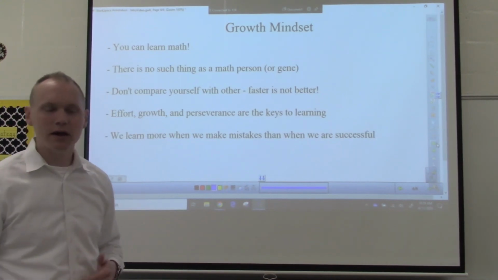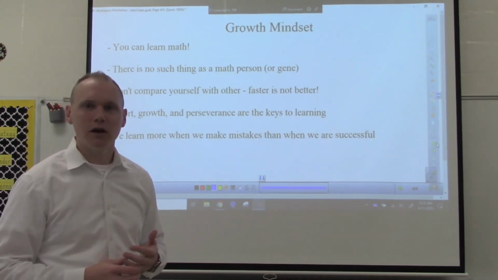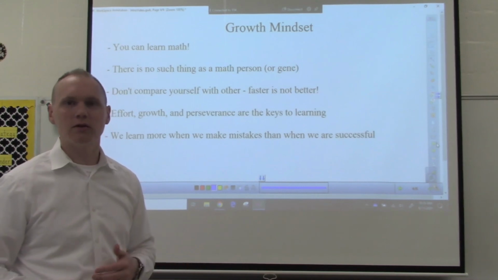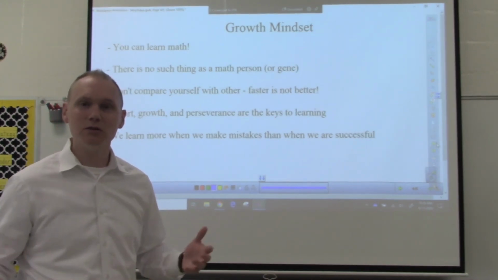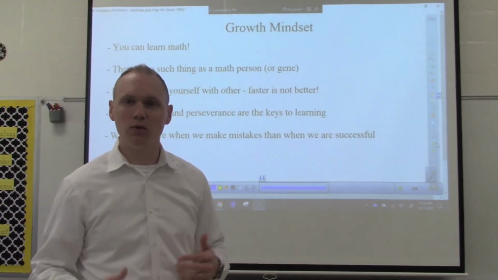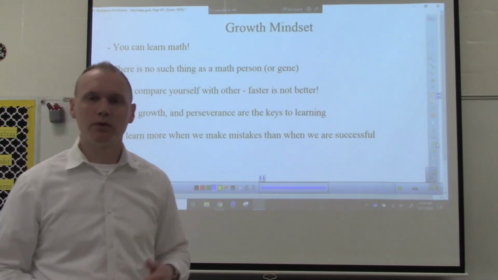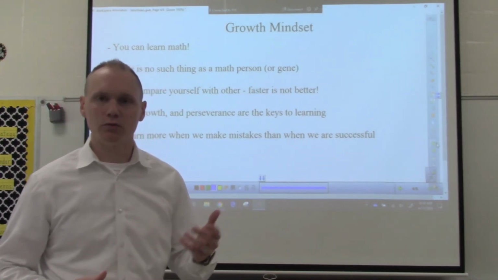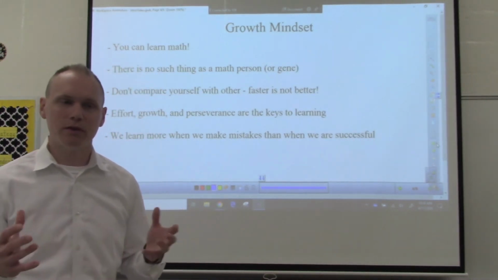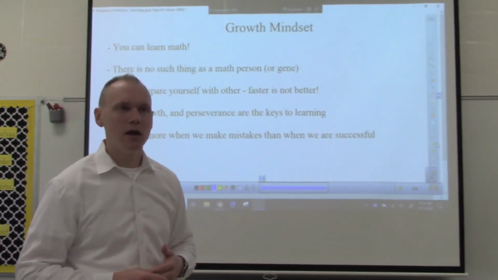When you get a test back, or when you even take a test, don't compare yourself to how quickly you did it. Maybe you're the last one to finish. That's okay. Some of the best thinkers in our world, in our society, were not the fastest. One of the Fields Medal winners, which is the best prize in mathematics, similar to the Nobel Prize.